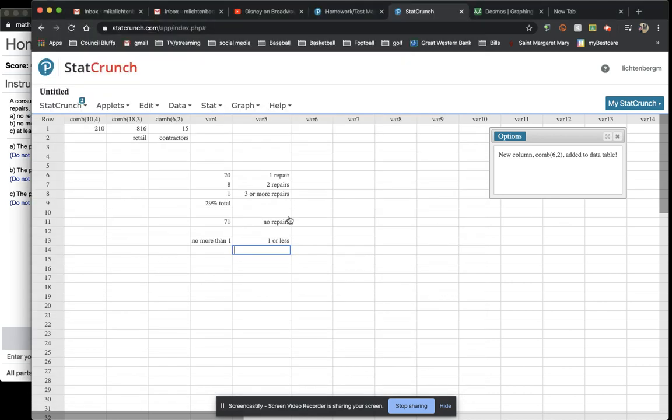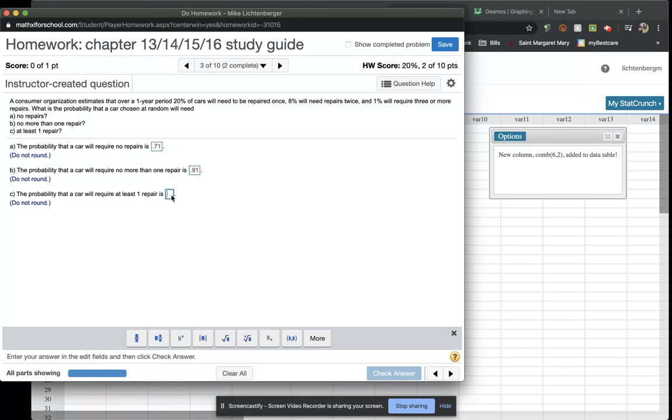At least one repair. So at least one means one or more. So one or more would be these three put together, which we already found was 29% or 0.29.